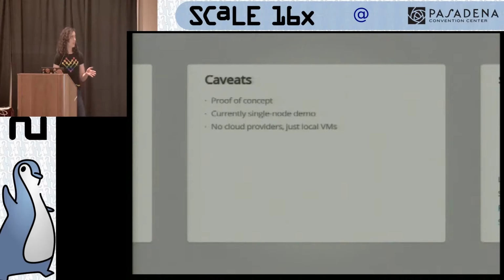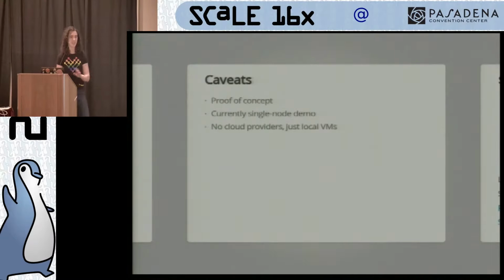Okay, a couple of caveats first. This is mostly a proof of concept, which means that it's currently just working on a single node. It's a pretty small demo, but what I'm really trying to demonstrate is that you can manage resources on CoreOS with Puppet, and that you can deploy Kubernetes to CoreOS with Puppet, but it's not like a production-ready demonstration that I'm going to be showing you.